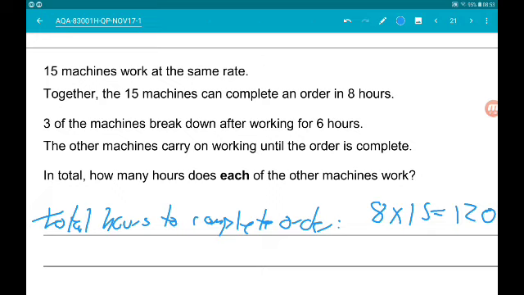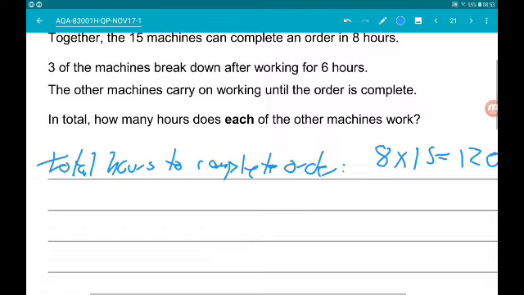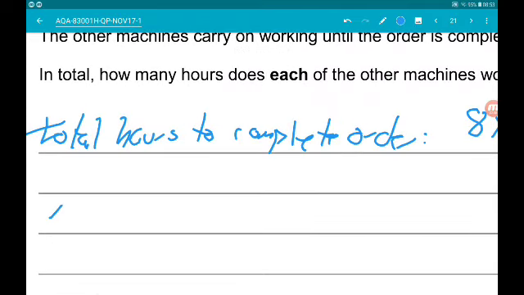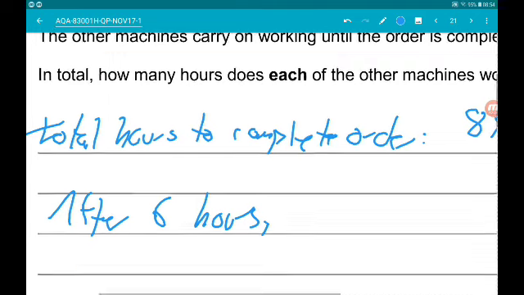And then 3 of the machines break down after working for 6 hours. So after 6 hours, we can work out how many hours of work has been completed. So that's been 15 machines working for 6 hours.